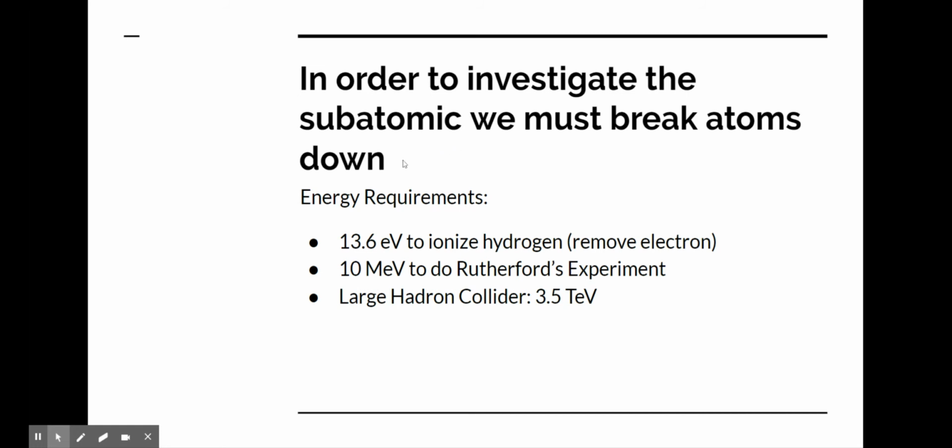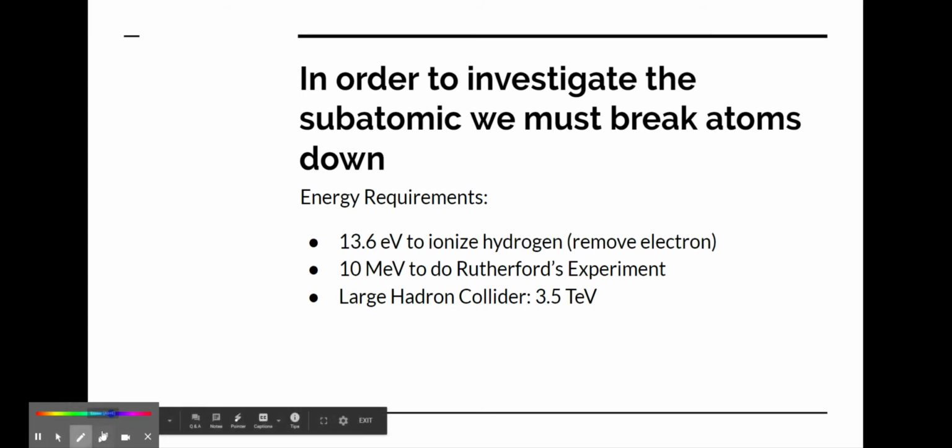Now you have to understand, if you want to break things apart, just like in your everyday life, the more energy you have, the more you can break things down into smaller pieces. So consider the energy requirements to begin to investigate the subatomic world. 13.6 electron volts is the ionization energy of hydrogen.